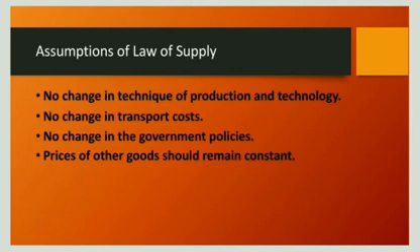Then the assumptions. We have to consider other factors also except price, but in assessment of the law of supply we keep everything stable. So what are these factors? To attain supply we need technique of production and technology. So we assume that there will be no upgradation in technique of production and technology. Then transportation cost also gets involved in production.